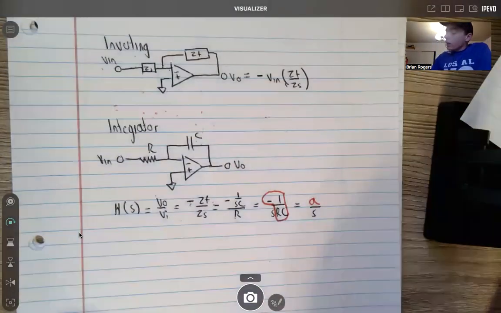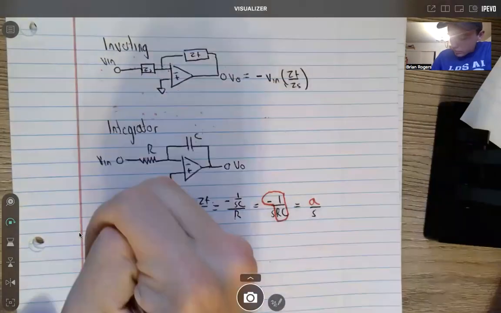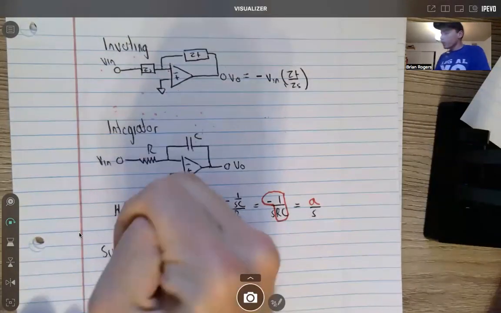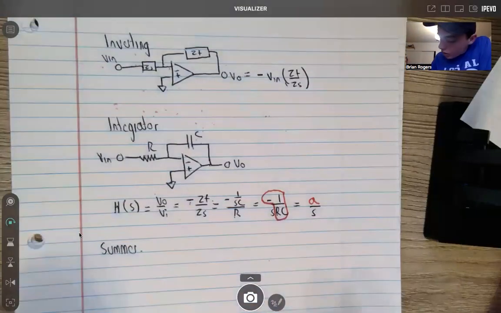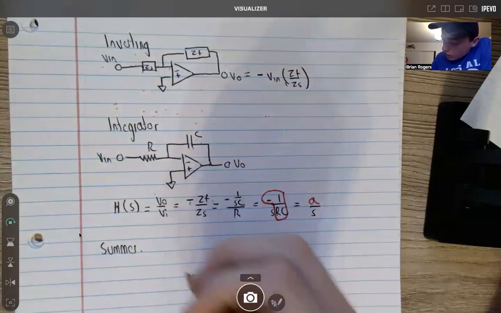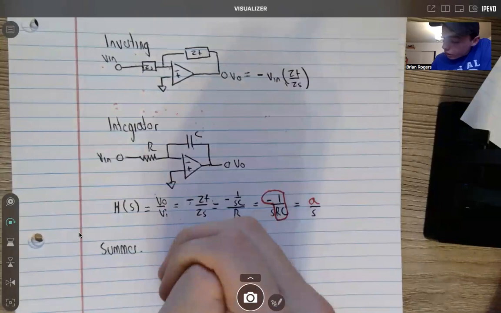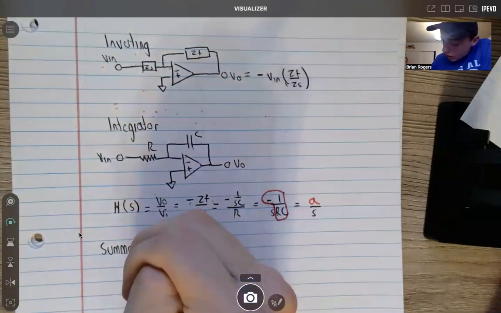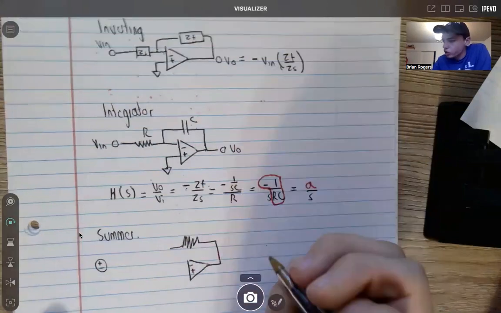And now that we got the integrator defined, let's do the summer. The summer basically shows you that when we have an op amp here, it's going to have our resistance. And then we're going to have 3 other voltages, or it can be more than that, it's literally just more than one voltage source.